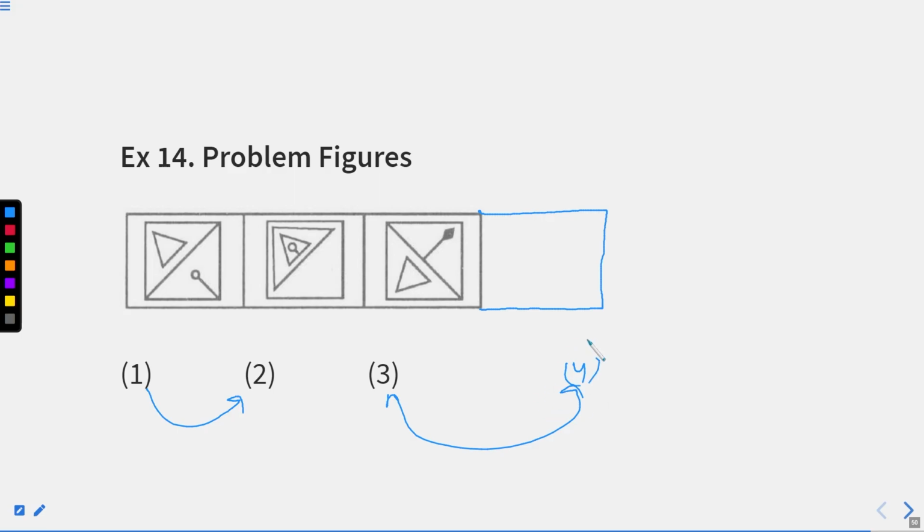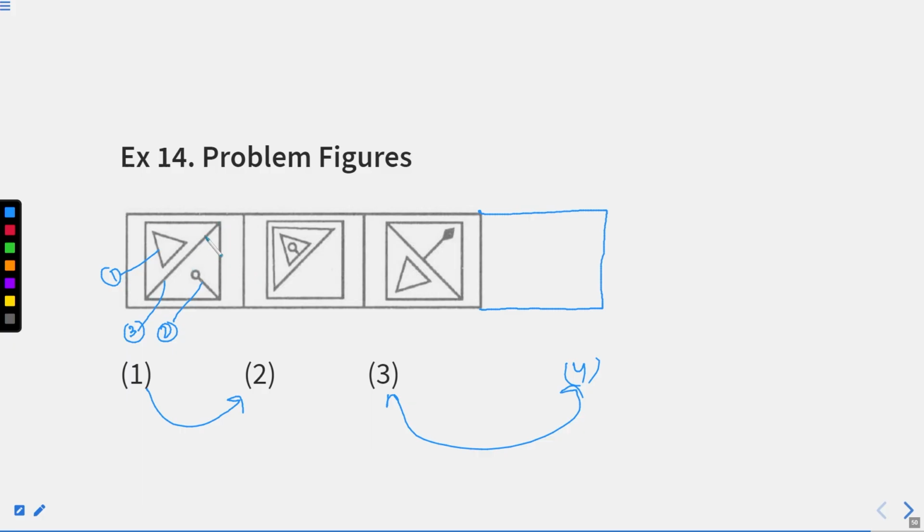This is your question. You can see a triangle, a pen, a square, a diagonal, these kinds of things are there. Now how is it changing?